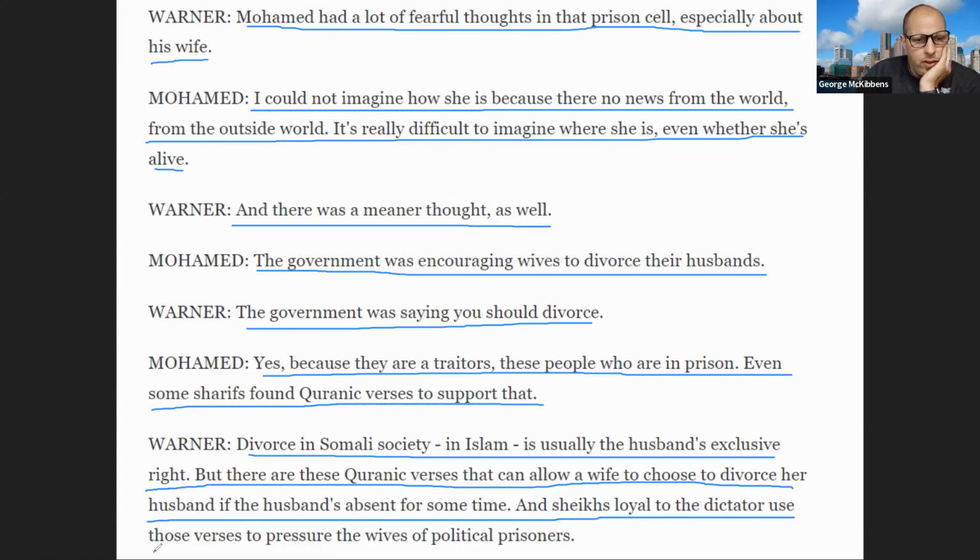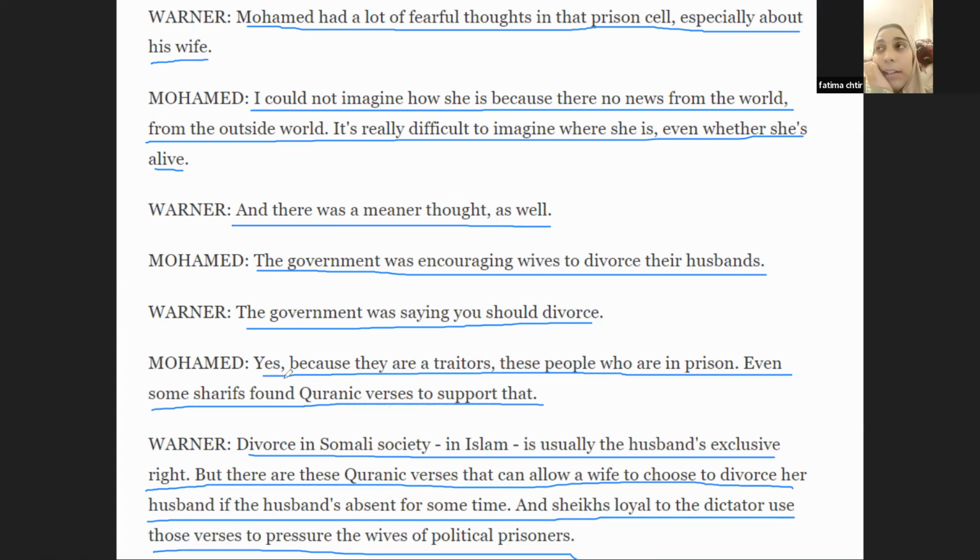So here's a crazy situation. The government locks up all these men, doesn't tell their families where they are, and then puts the families in this impossible situation. They don't know if the men are alive. They don't know if the men are dead. And all of a sudden, they say, you know what? Your husbands are all traitors.